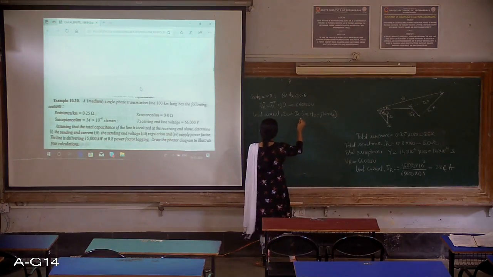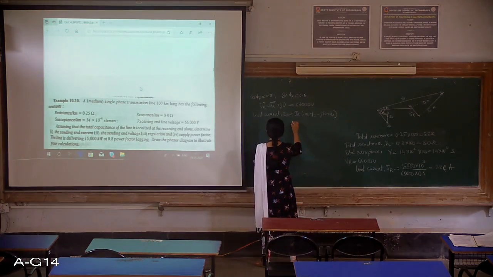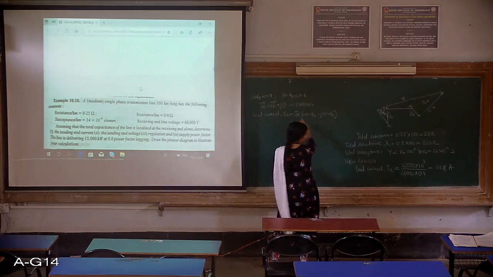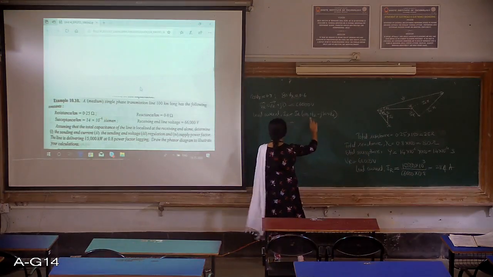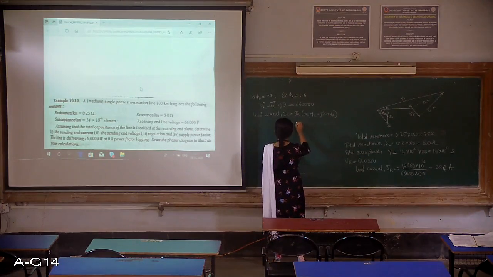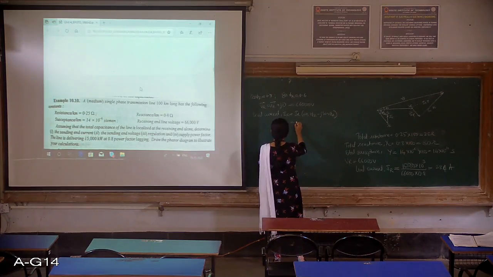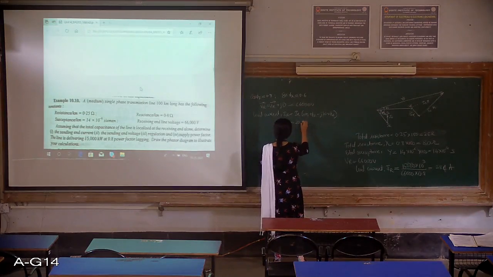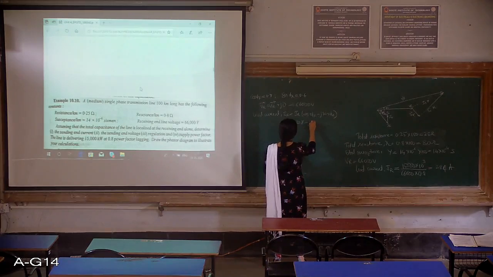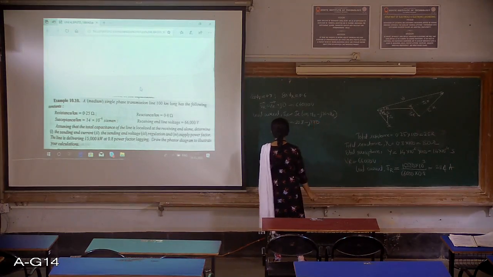We know IR is 284. Substitute cos phi r as 0.8 and sin phi r as 0.6. The value we have arrived at is 227 minus j170.